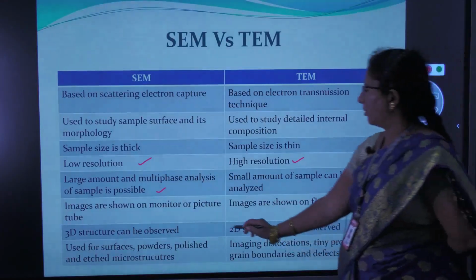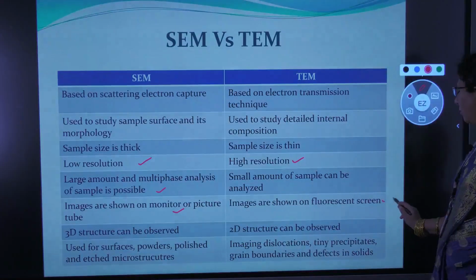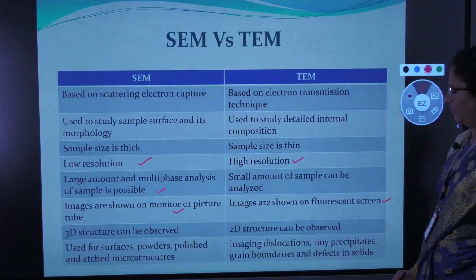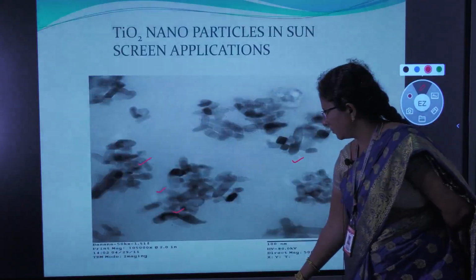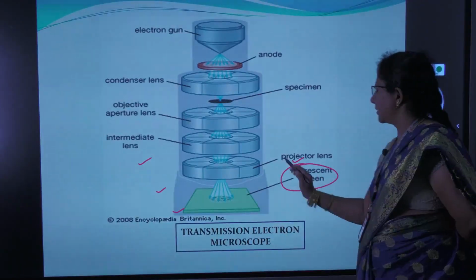In SEM, images appear on a monitor or picture tube. Here in TEM, images are shown on a fluorescent screen. See, the image will be shown on this fluorescent screen.